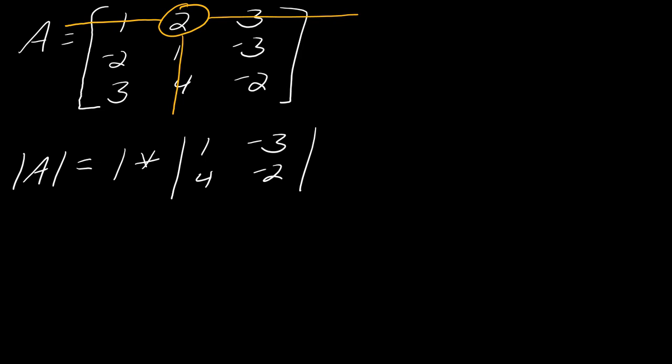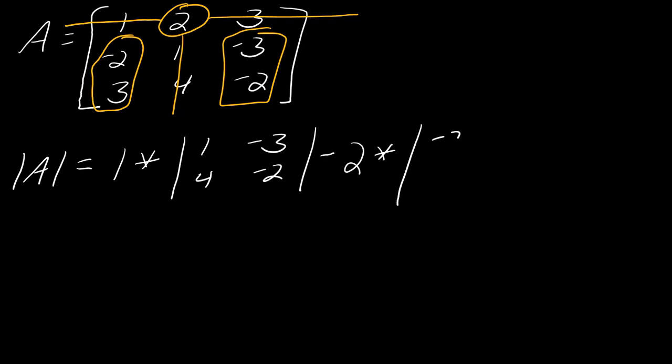The little submatrix that's left is these elements and these elements. So this is going to be minus 2 times -2, -3, 3, and -2. See how those are the 4 elements that are left over?